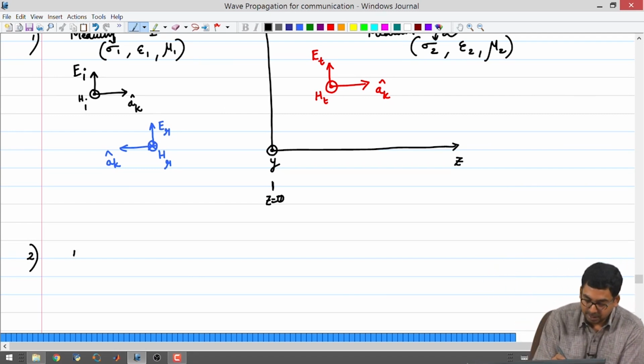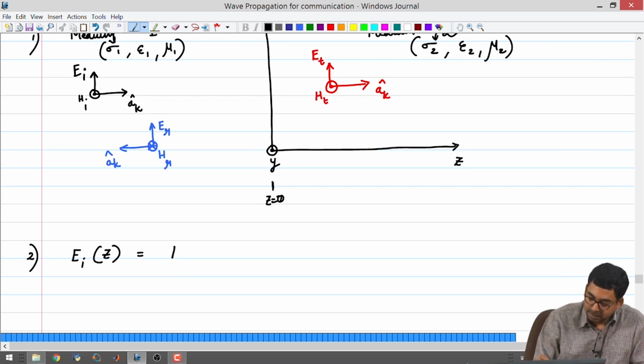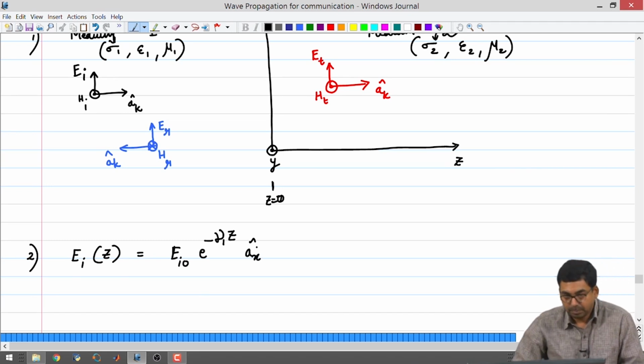I am going to write down some expression for the incident electric field. Let us say that it has some amplitude, and some propagation constant, and the unit vector Ax hat.